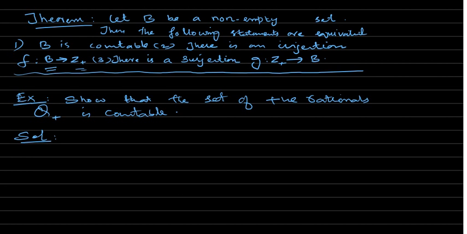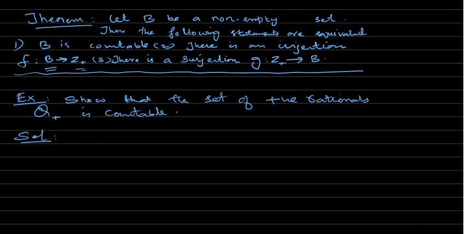So first, let's use the result. We know that Z plus cross Z plus is countable. So there is a bijection from Z plus cross Z plus to Z plus.